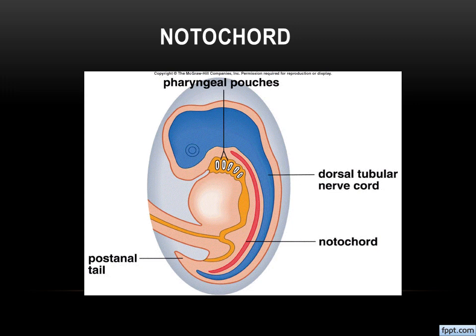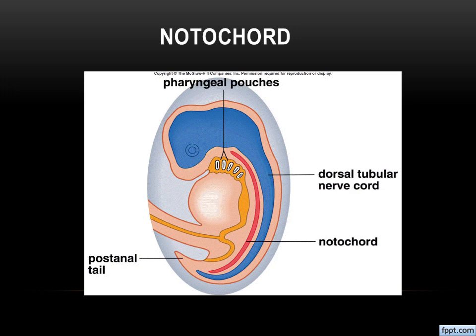Notochord means, again we can come to the embryo. As we said, from the three germinal layers only, all the body parts or organs will be developed, right? I have displayed one of the embryo structures here. Can you note here, there is a rod-like structure marked in red color. It is marked as the notochord. What do you mean by this notochord? This notochord is formed during the embryonic stage.